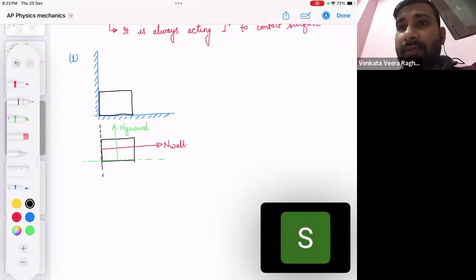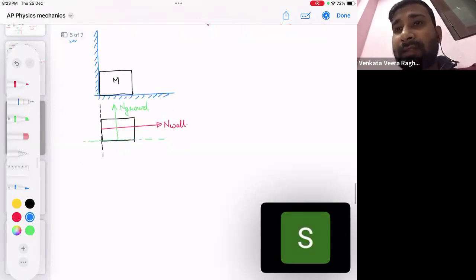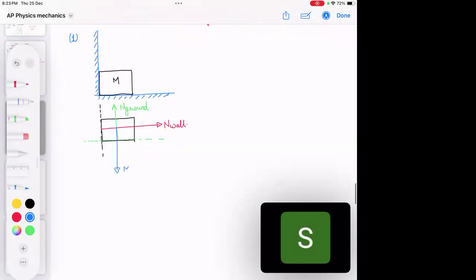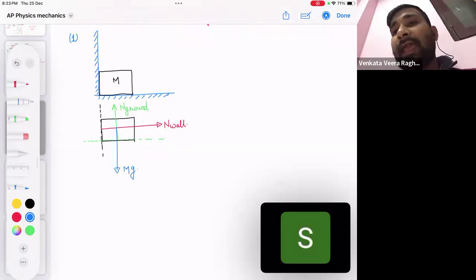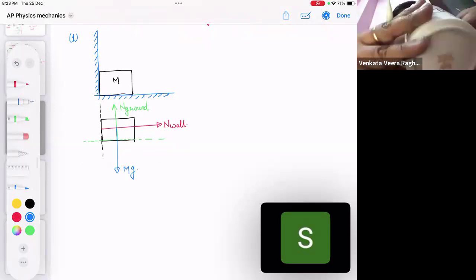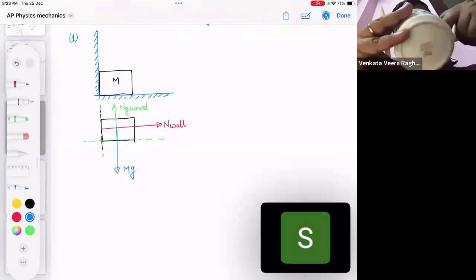If the mass of the block is m, can you say that there is one more force acting? Please tell me which is the other force. Gravitational force. What direction will gravitational force, mg, be acting? In the downward direction.